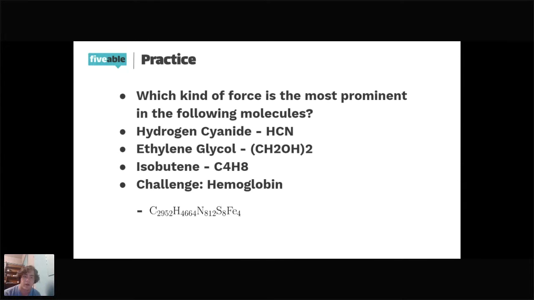How about ethylene glycol, which is that molecule with two of the CH2OH groups? What's the strongest kind of force in that one? What do you guys think? Yeah, it's hydrogen bonding.